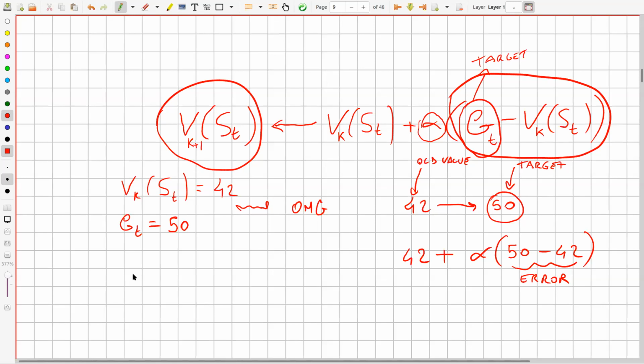Let me check if I'm understanding. Let's say that st was equal to s. So the starting state was s. Okay. And you need to count how many times you visited s.